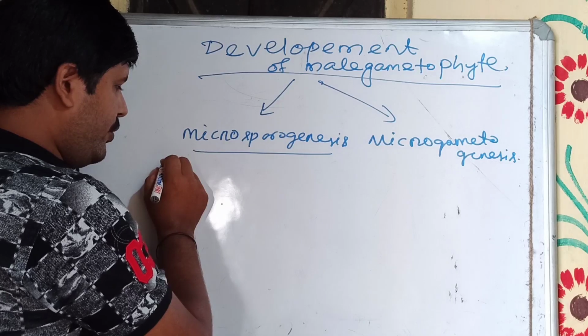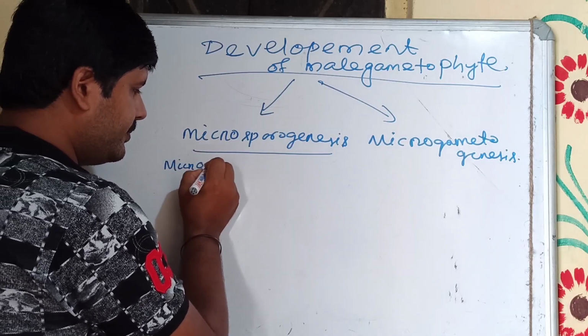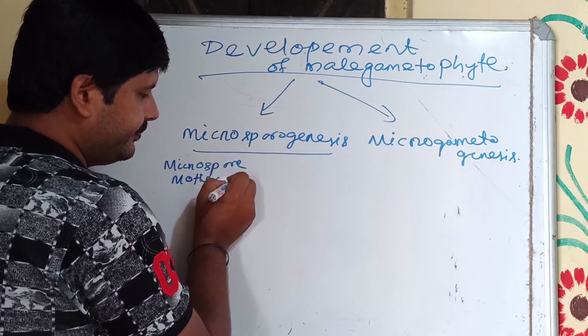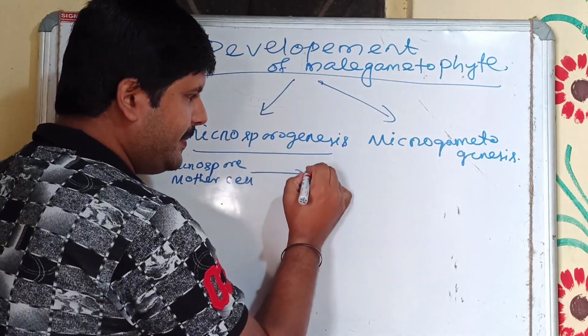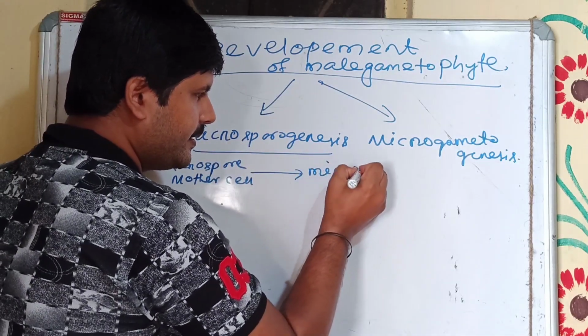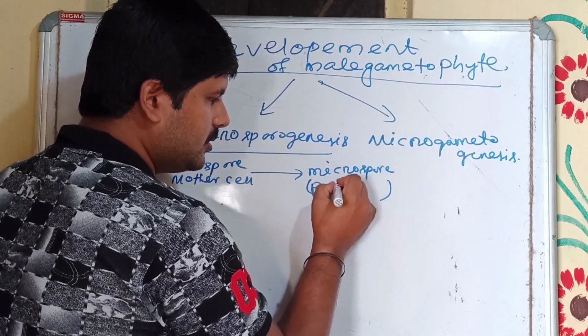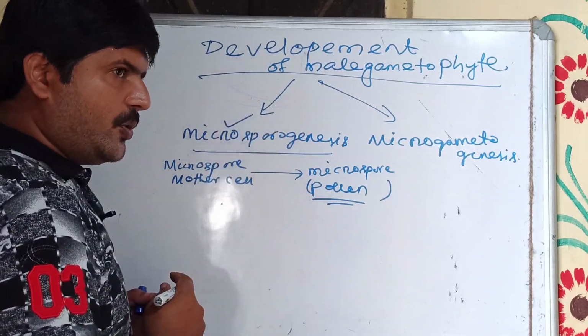The process by means of which the microspore mother cell gives rise to microspore or pollen is known as microsporogenesis.